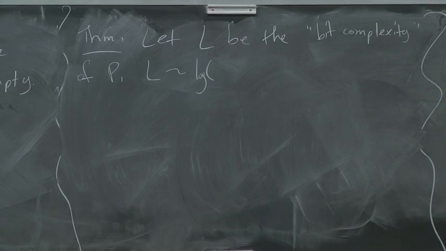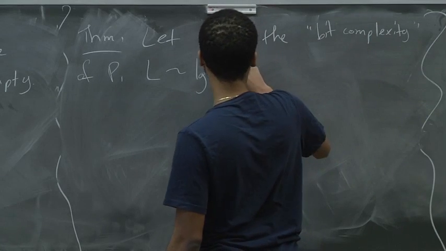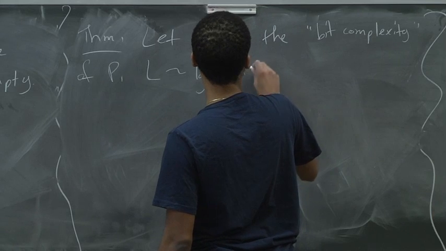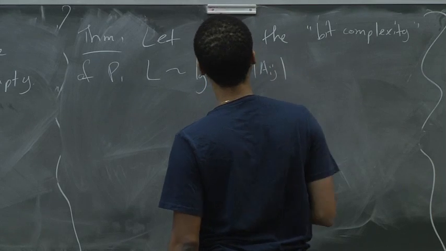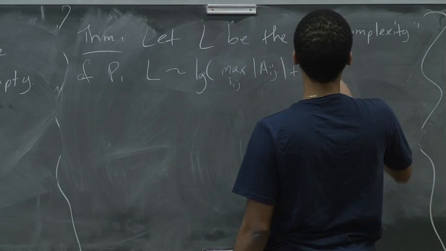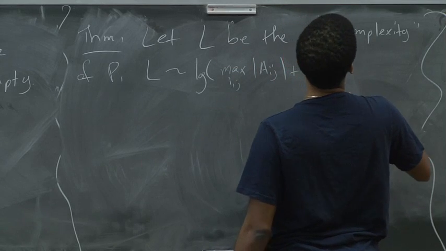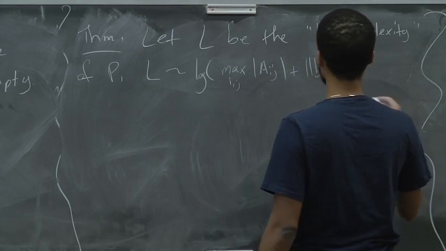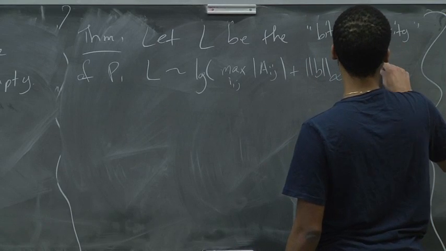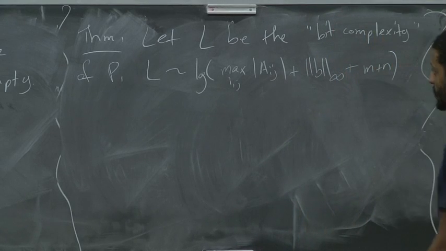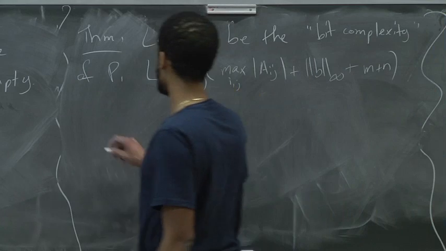AX is at most B, I think. Max over ij of aij plus, let's say, the largest entry in B, let's say M plus N.